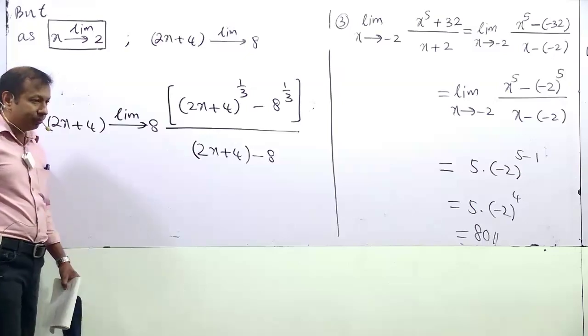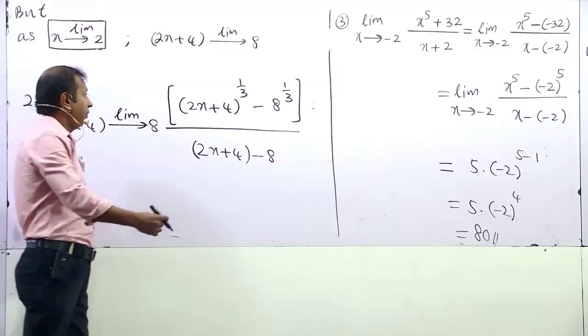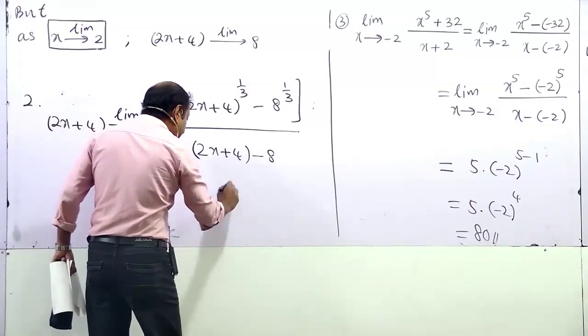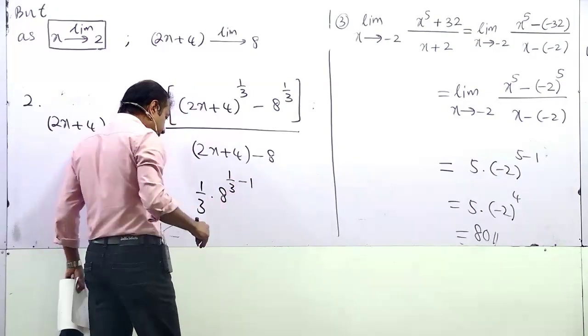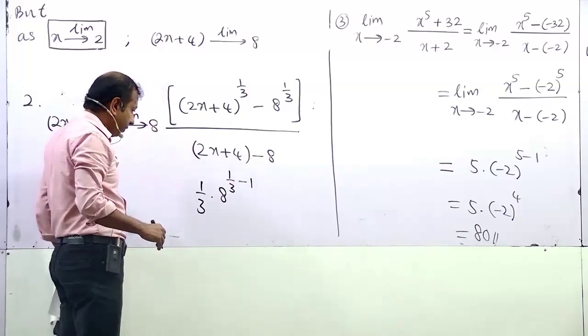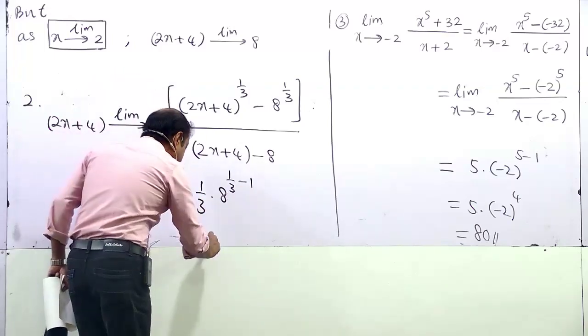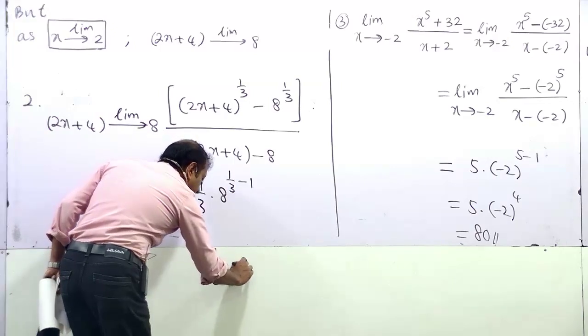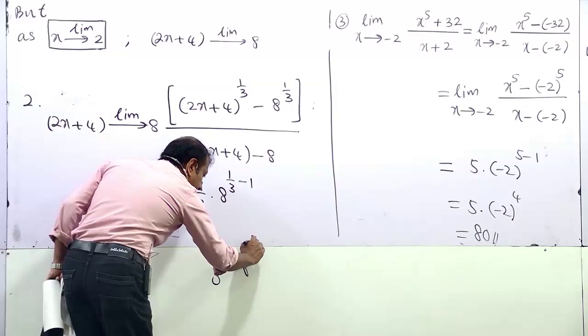Then everything is okay, no? Now we can apply. 1/3 comes before 8 to the power 1/3 minus 1. What's the answer? Minus 2/3 here, no? 1/3 into 8 to the power minus 2/3.